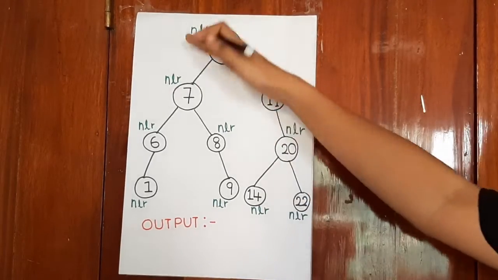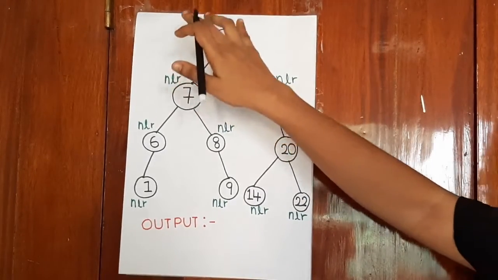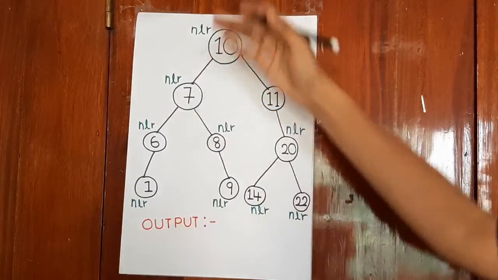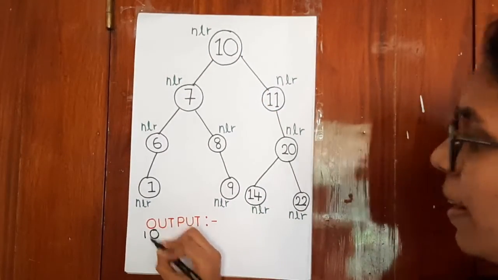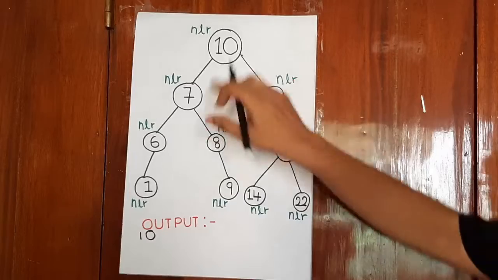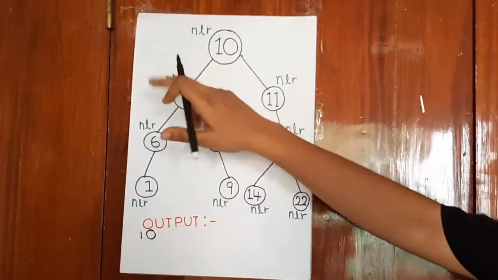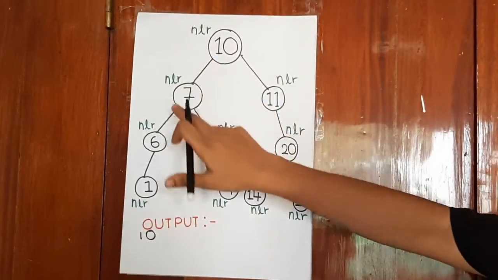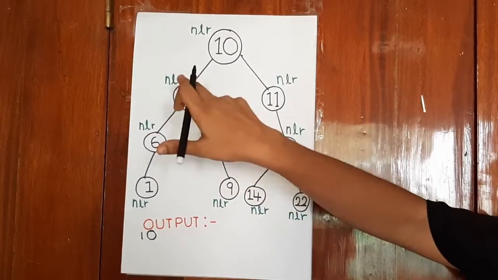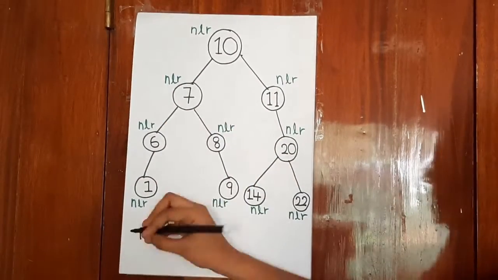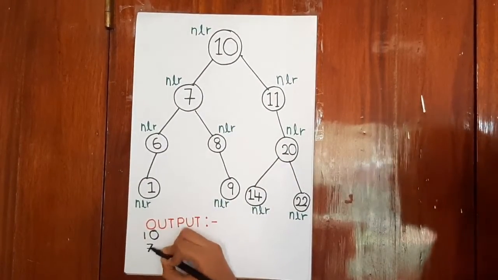So now it moves to the root node. The value is 10, so our first output is 10. Then I have to focus on the left side of this node. So now I move here. It's 7, so it prints 7.